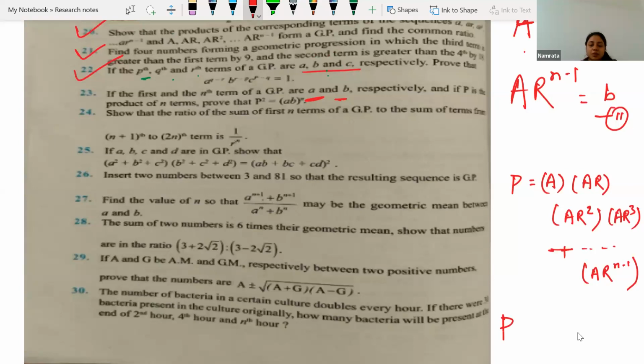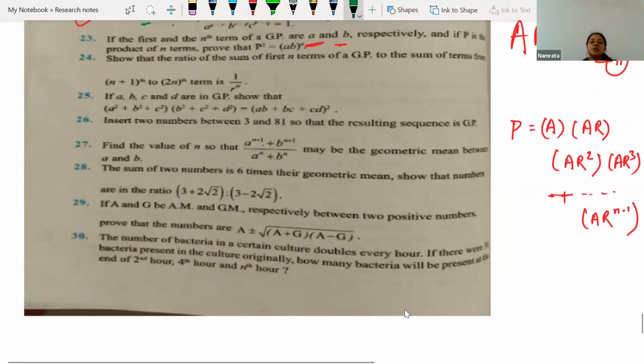Are we going to get P square is equals to? Okay, let's multiply each first. This product P, can we simplify it a bit more before moving ahead with P square?